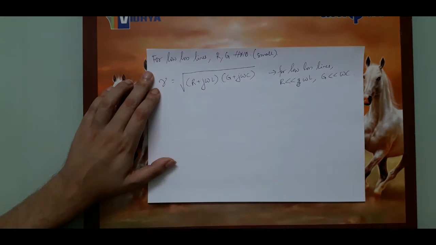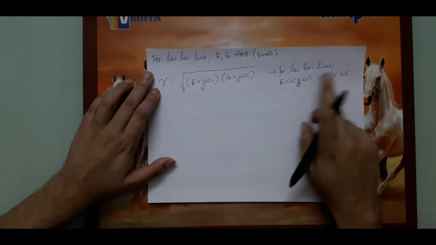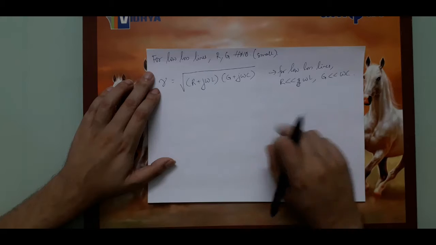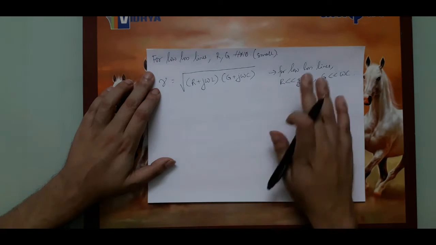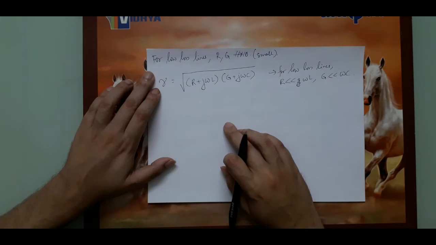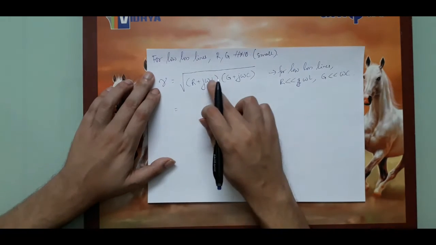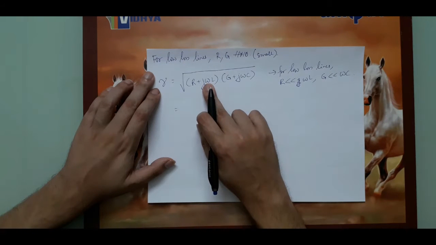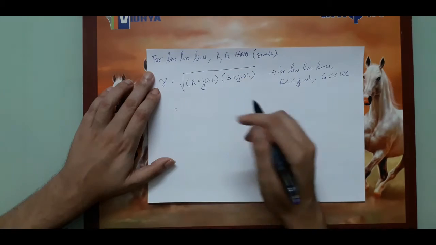Because R and G are small, and if you increase the frequency or the L and C values large enough to ensure that this condition is met, we can definitely do this. So what I can do based on this, I can take j omega L common from the first bracket and j omega C common from the second bracket.